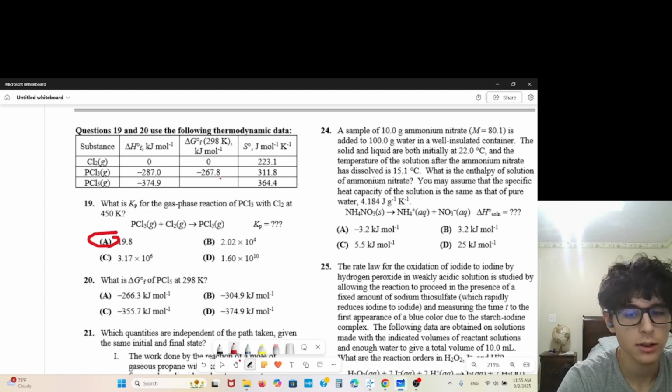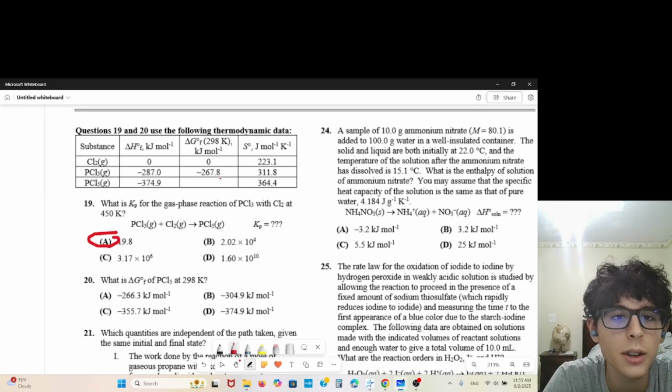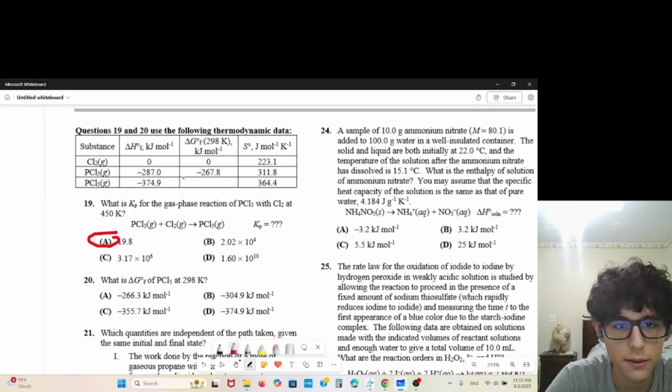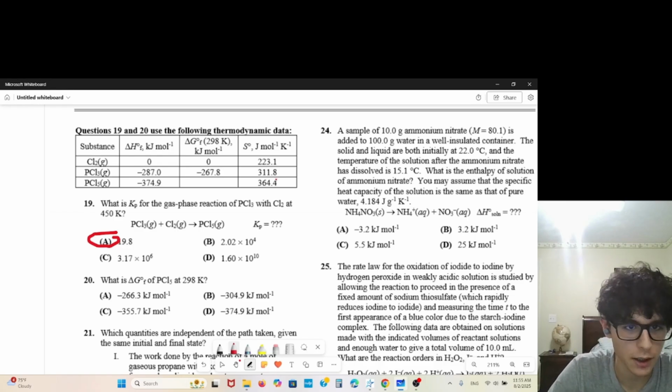So wait a second. Okay. So you're going to do delta HF minus 298. Okay, I was using 450. Yeah, be careful, be careful. Okay. Yeah, I'm still making these mistakes. It takes time to really perfect your methodology here, but okay.